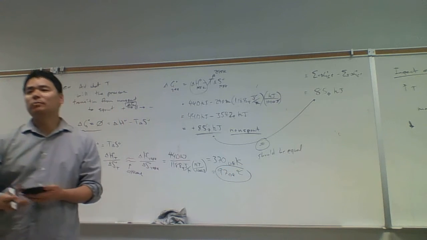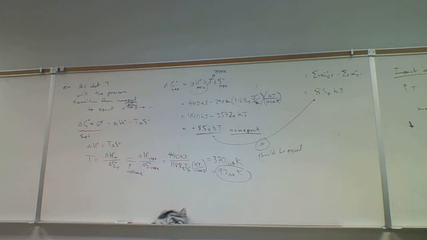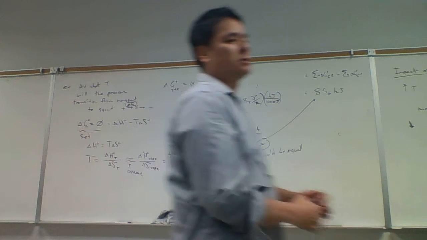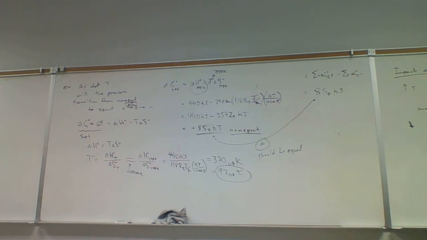Well, I know the boiling point of water. Water should spontaneously vaporize at 100 degrees C, right? At 1 ATM. But I don't know the boiling point at 1 bar. I'd have to see. Is 1 bar bigger than 1 ATM or smaller than 1 ATM? They're close, right?